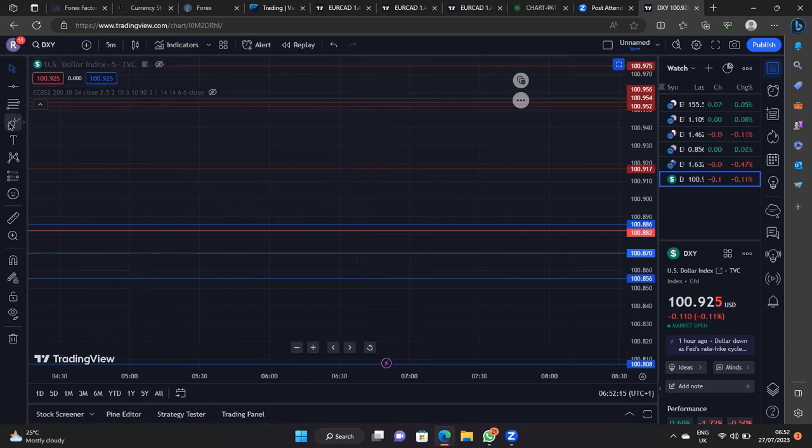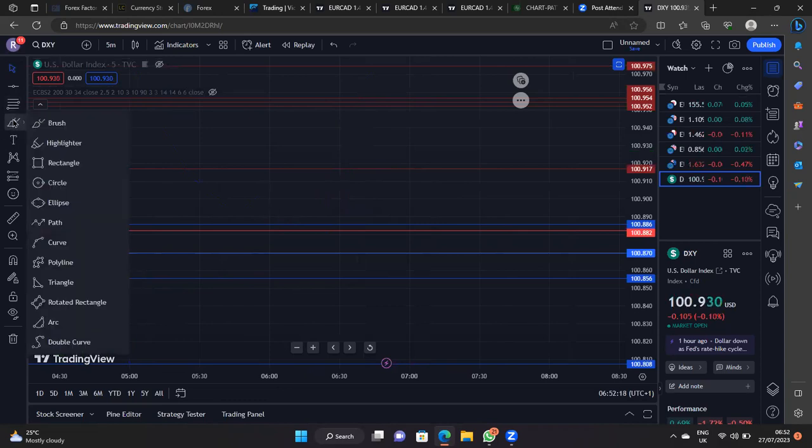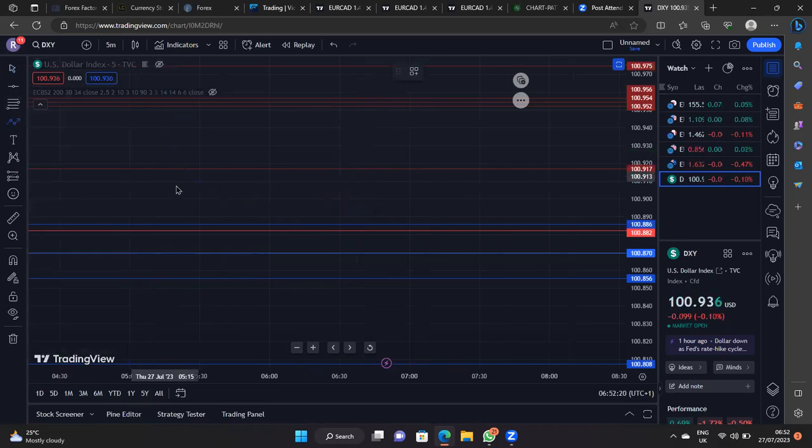So let's say, for instance, remember that this was once our support, this was once our resistance zone. So let's say price is coming from the support angle, and it came to that zone and rejected below, came to that zone again, rejected below, came to that zone and broke.